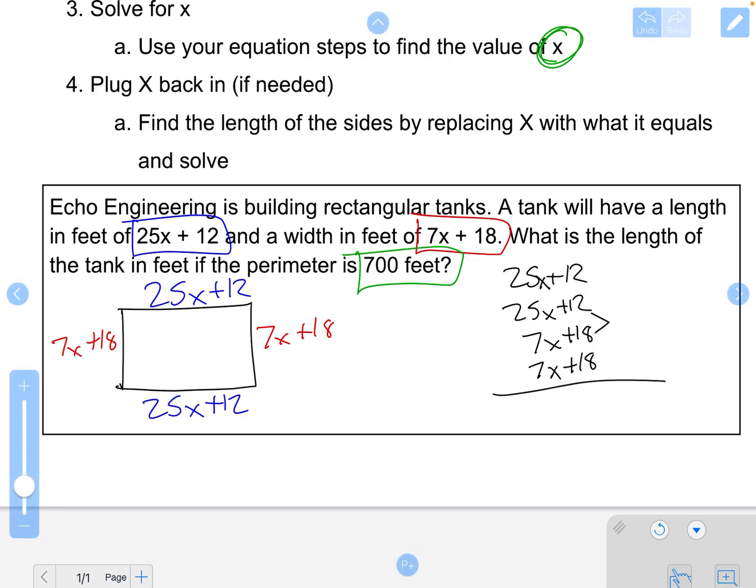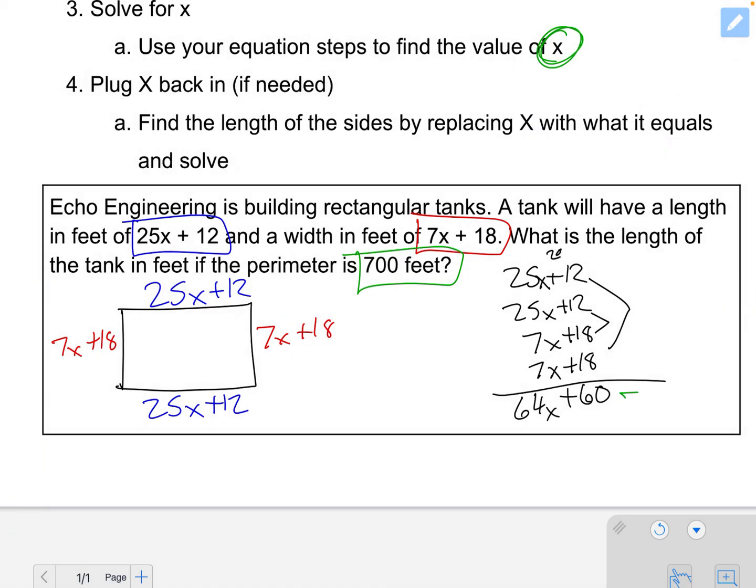So I know that 8 and 2 is 10, and 8 and 2 is 10, so I need to add 20 to the top. So I'm going to end up with 20, 30, 40, 50, 60 there. 25 and 25 is 50, 57, 64x plus 60, and then I need to tack on the equal 700 feet at the end, and then I can solve for this. So that's one way that we can go about setting up our equation.